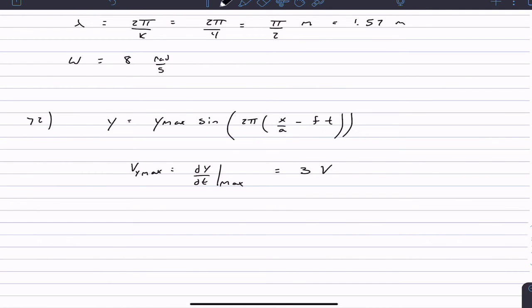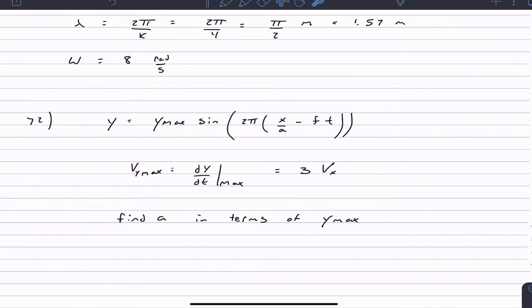The propagation speed would be v, we call this vx. And then we're asked to find the value of a in terms of y max. So this is the a that we're looking for.